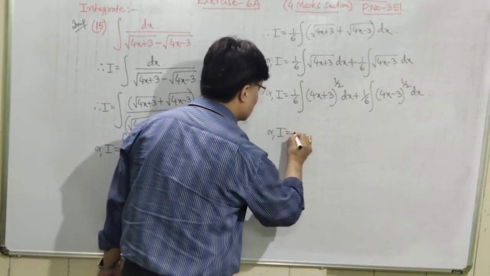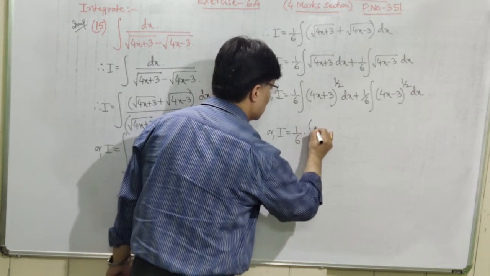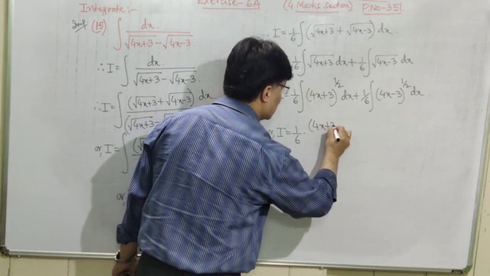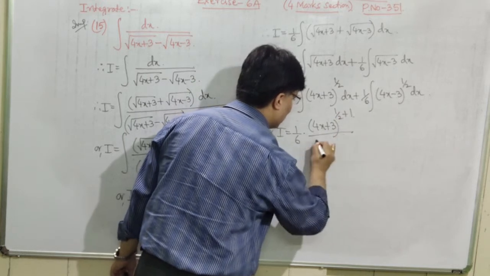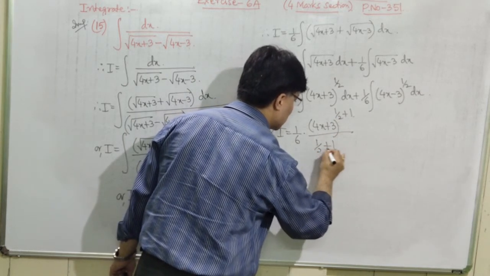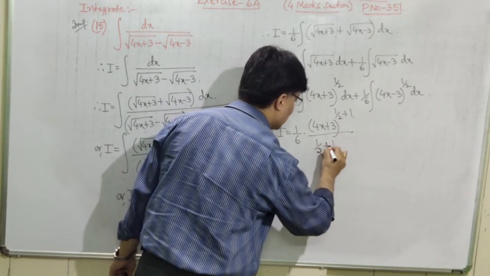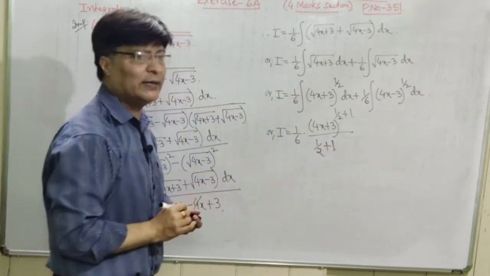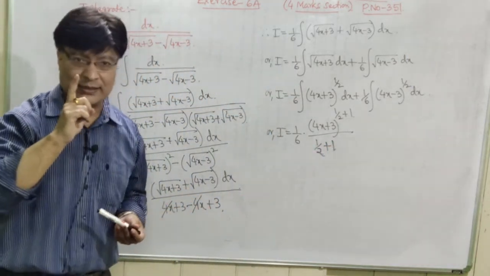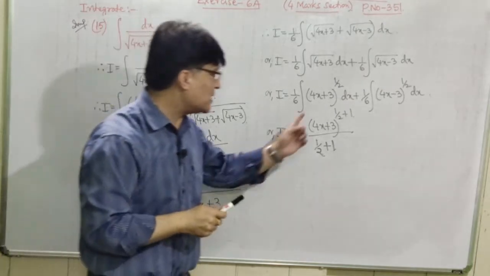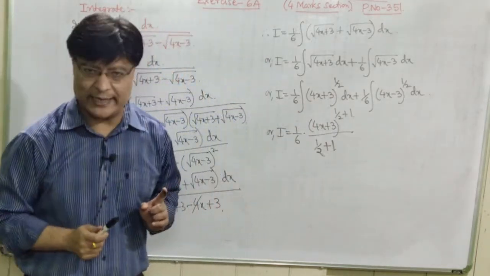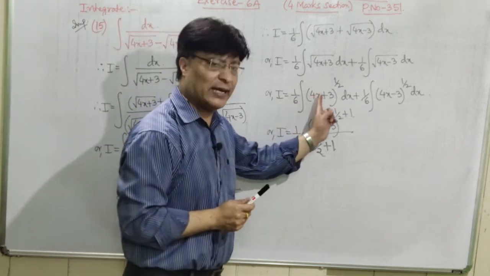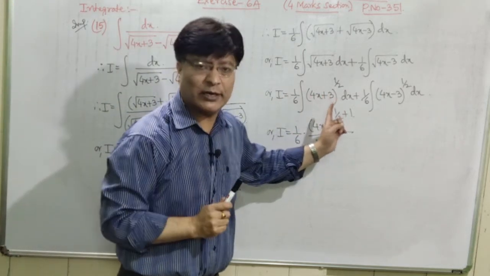So I is equal to 1 by 6. So 4x plus 3 whole to the power half plus 1 divided by half plus 1. This is just like your x to the power n plus 1 divided by n plus 1. But which function was taken as x? 4x plus 3. This is also to be differentiated. The function which we are taking as x, we have to differentiate it again.